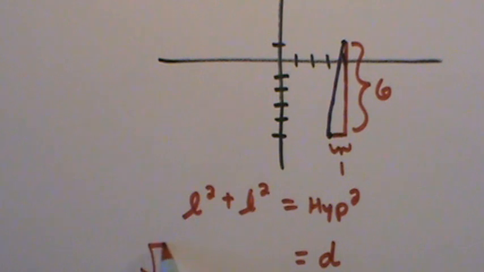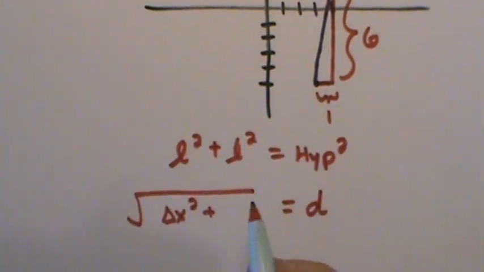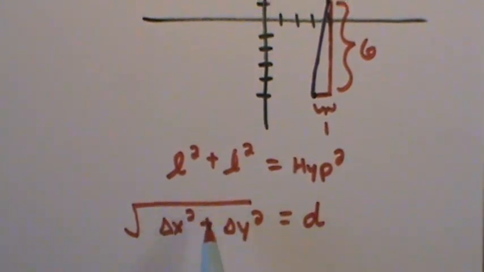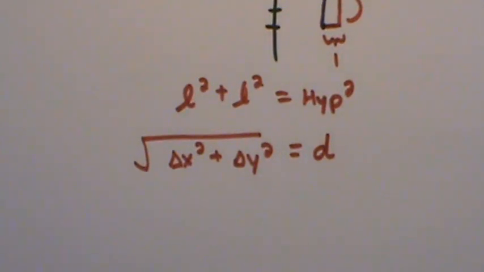So it becomes the square root of the delta x, that's one of the legs, squared, plus delta y, which is the other leg squared. So the distance formula is just a variation of the Pythagorean theorem. They're one and the same.